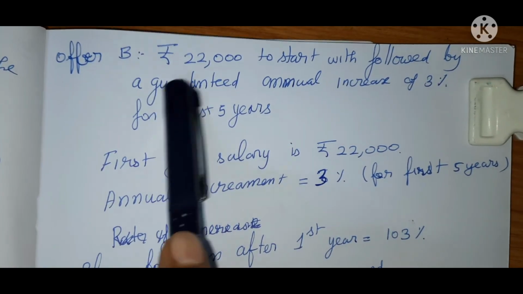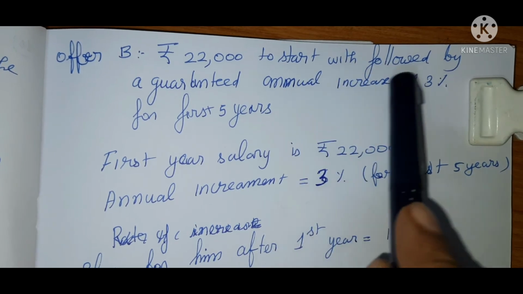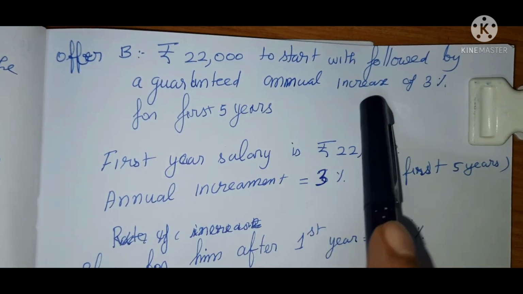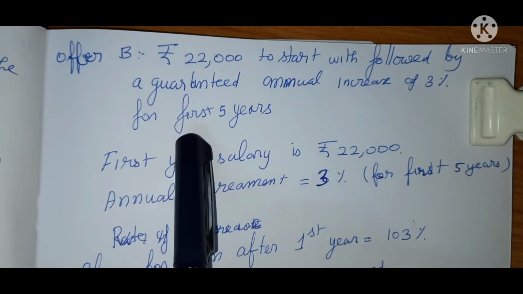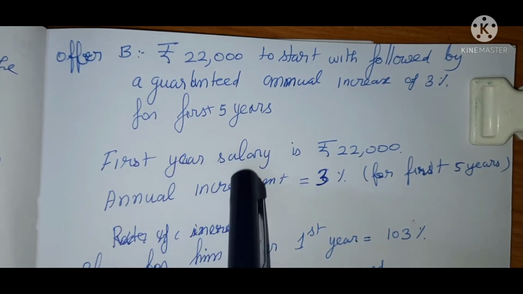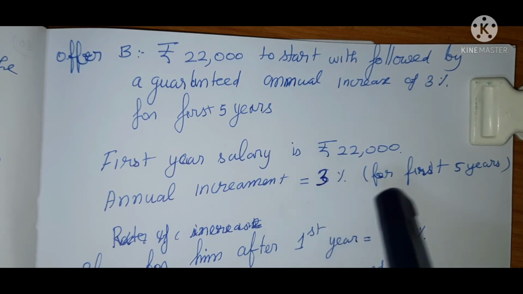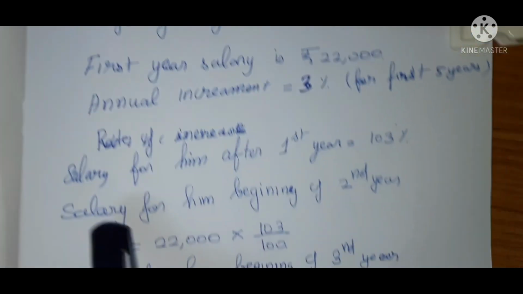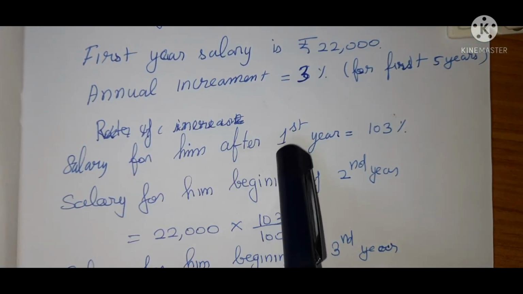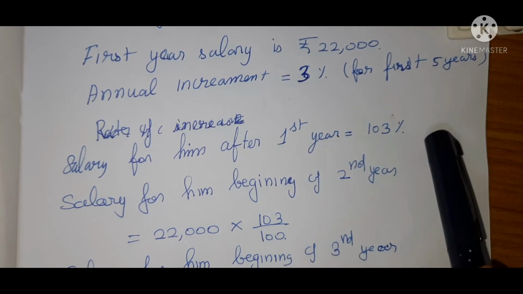Offer B: rupees 22,000 to start with, followed by a guaranteed annual increase of 3% for first 5 years. First year salary is rupees 22,000. Annual increment 3% for first 5 years. Salary for him after first year 103%.